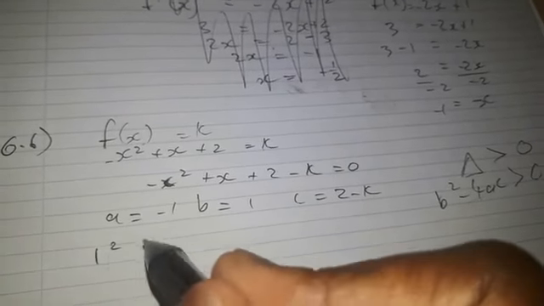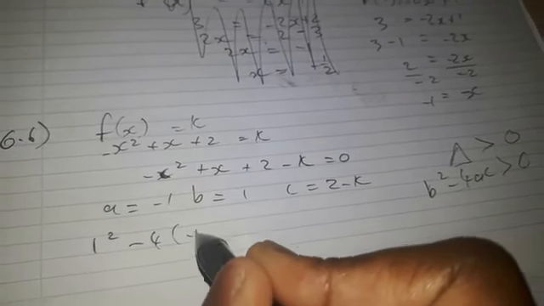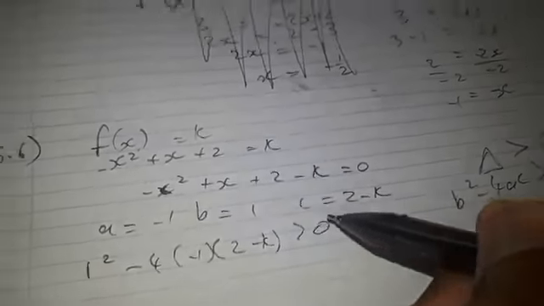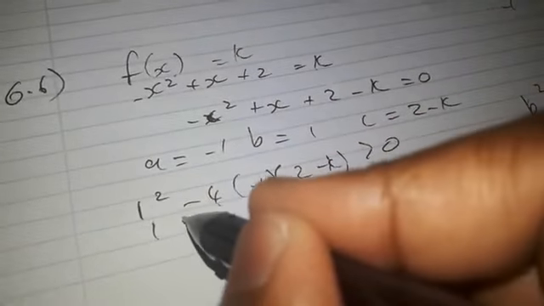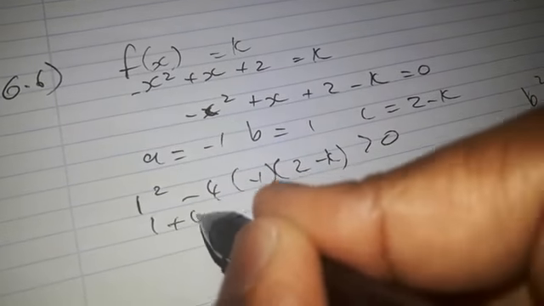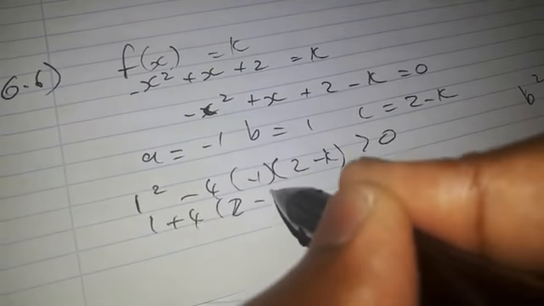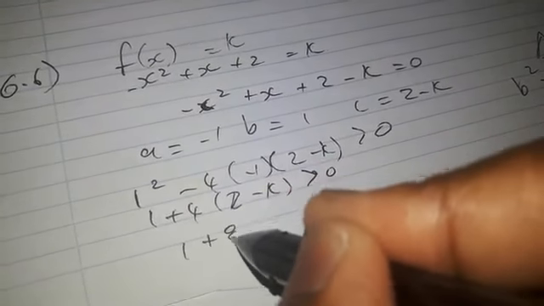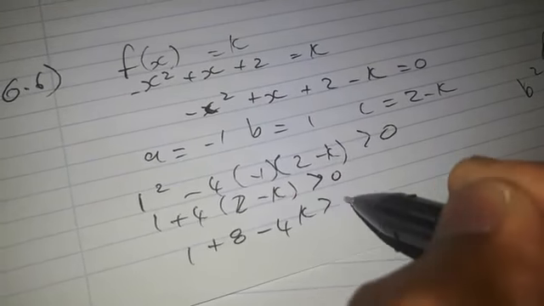So this is 1, plus a positive 4 times 2 minus k, so 1 plus 8 minus 4k, bigger than 0.